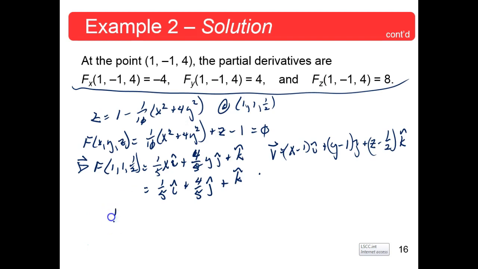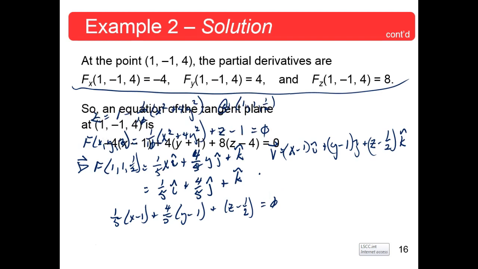So that's 1/5 of x minus 1 plus 4/5 of y minus 1 plus z minus 1/2 is equal to 0.